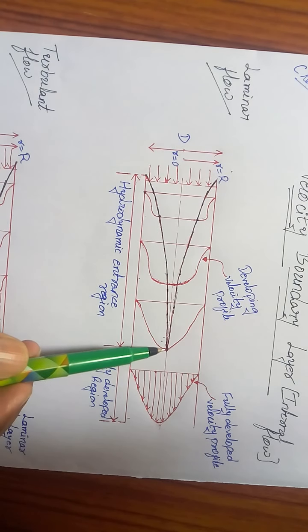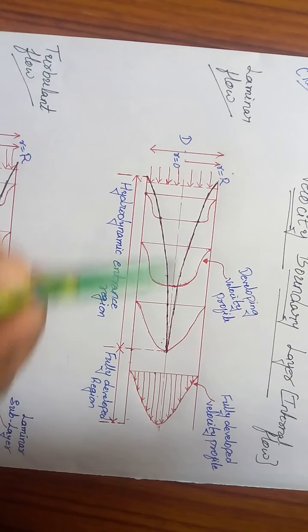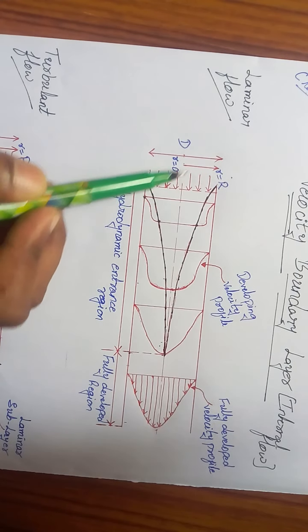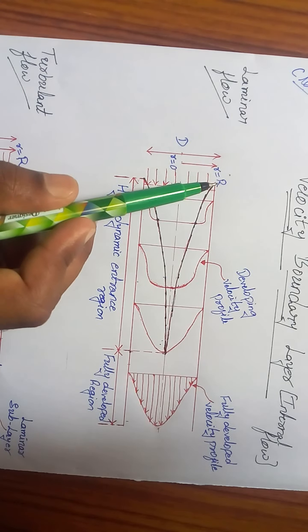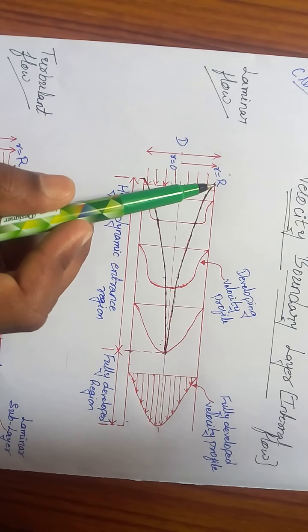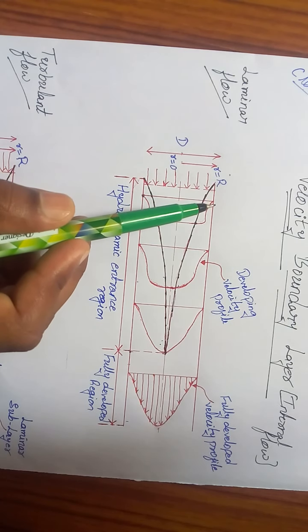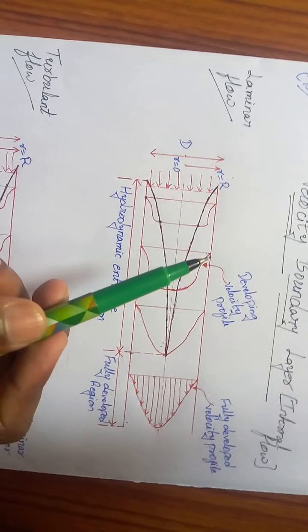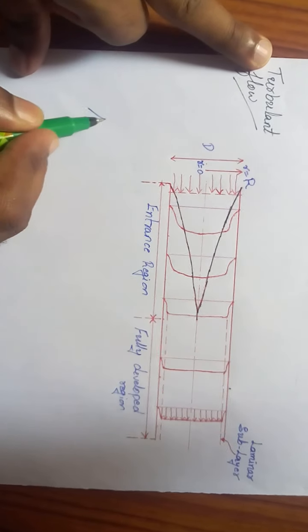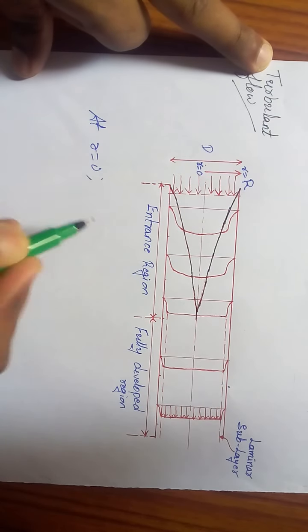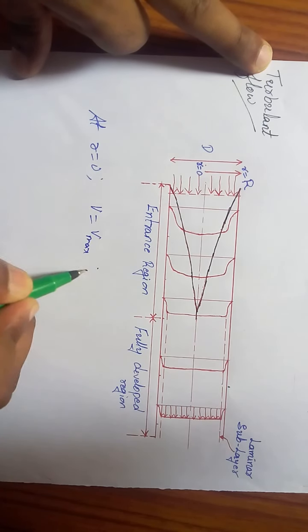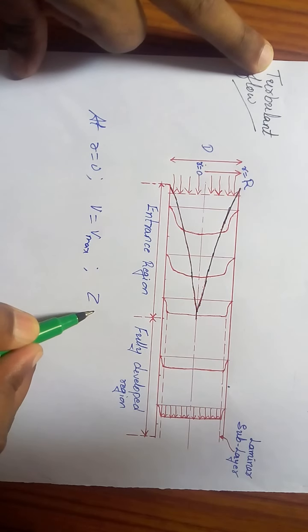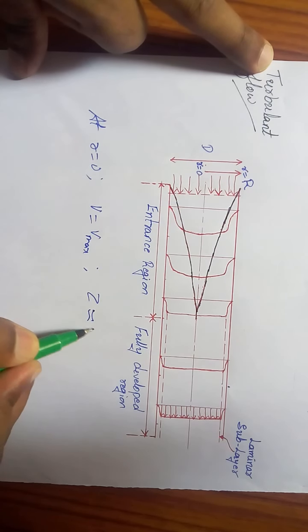Also you need to make a note that at r equals 0, V will be maximum and shear stress will be minimum, and at r equals capital R, that is half of the diameter of the pipe, at the surface, the value of V will be 0 and the value of shear stress will be maximum. I repeat: at r equals 0, V will equal V maximum and shear stress will be minimum, approximately 0.